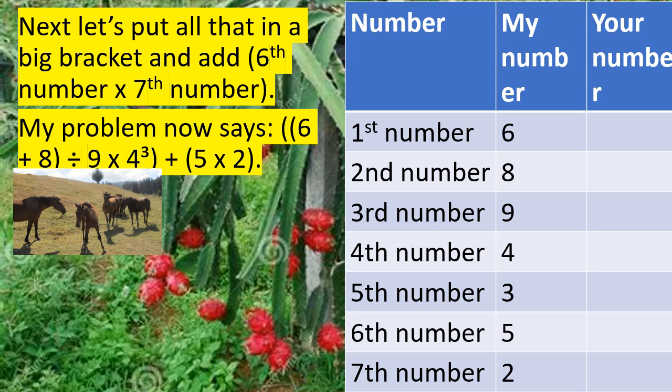So yours should look roughly the same. You should have 2 brackets at the beginning, then 2 numbers that are added together, close one bracket, divide by something, multiply by a number that is an exponent, close bracket, and then plus, and then in brackets at the end, 2 numbers multiplied together.